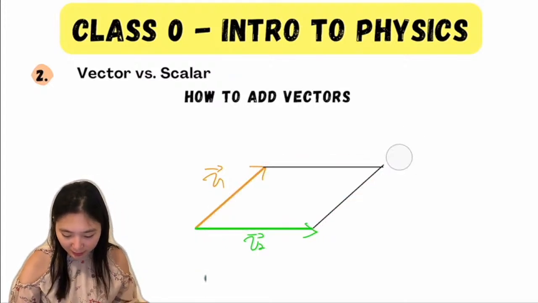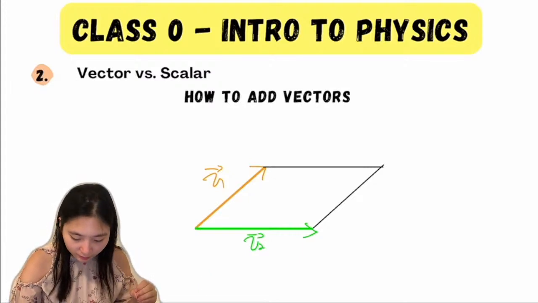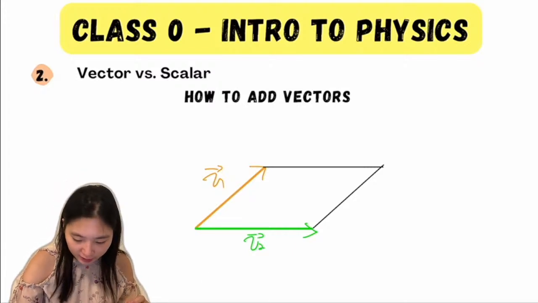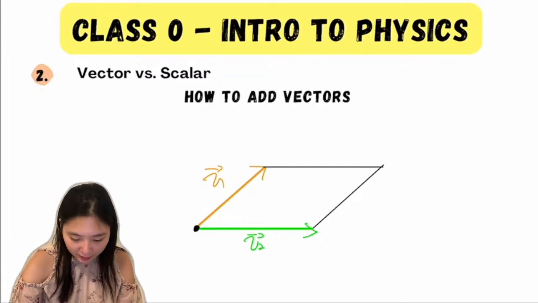For this parallelogram, I always start from the tail that these two vectors share. So I start from this point, and then I just go all the way across this parallelogram along the diagonal.